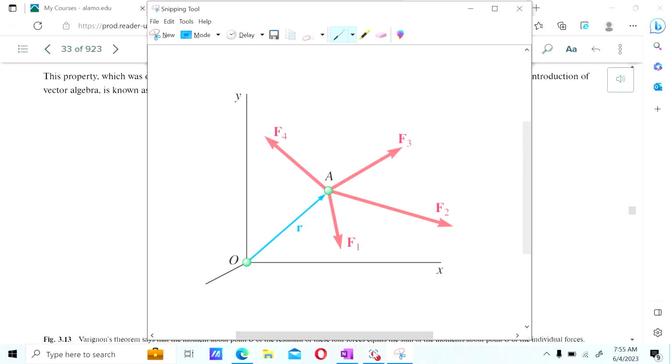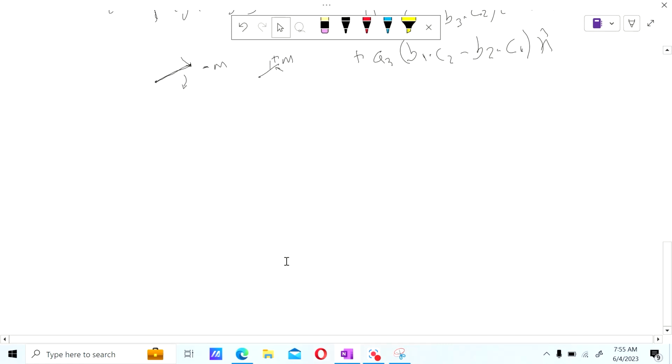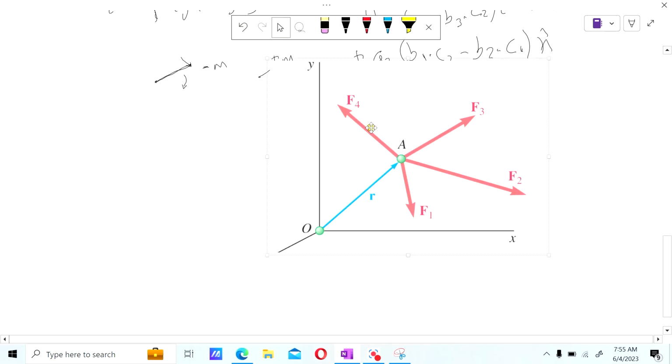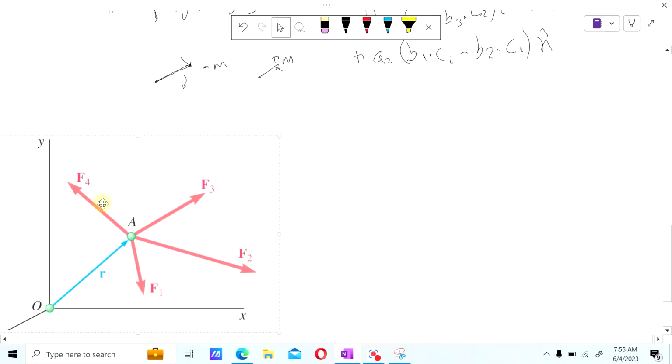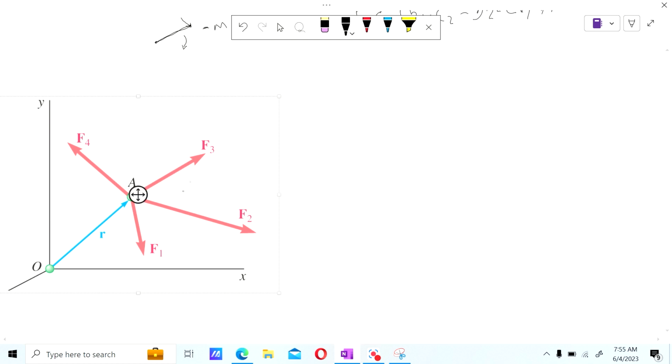Okay, so say, all right. Let's say that this is z direction. So the r vector, remember sometimes r is with an arrow, this means vector.